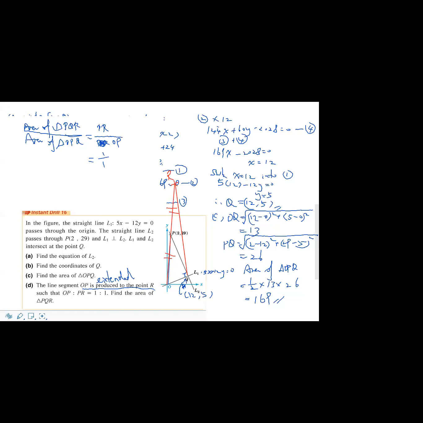Okay. So it should be equal to 1 to 1, which means that these two areas should be exactly the same. So area of triangle PQR should be exactly the same as area of triangle OPQ. That is equal to 169. Okay, so that is the answer of part D. Is that okay?